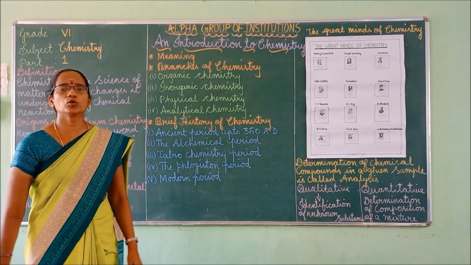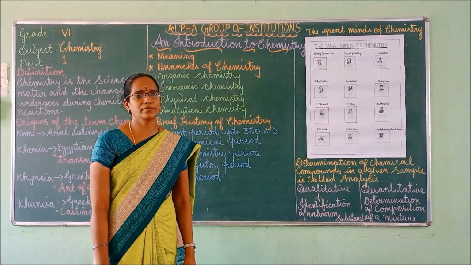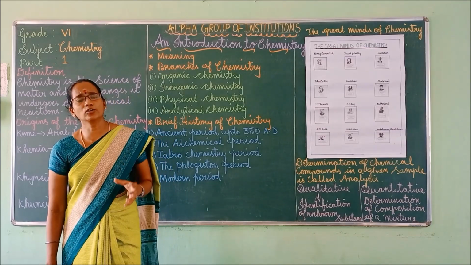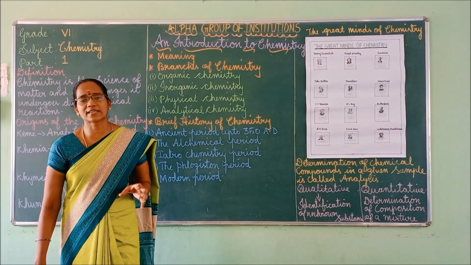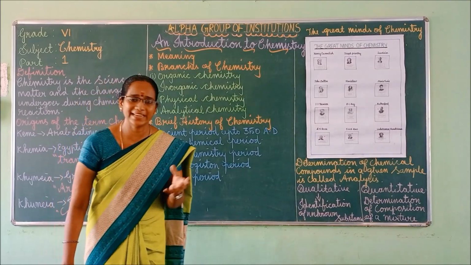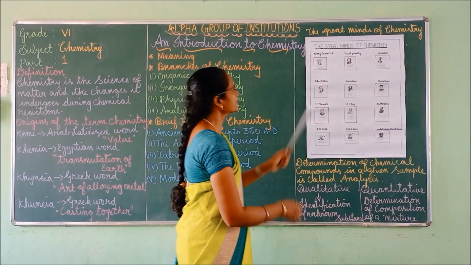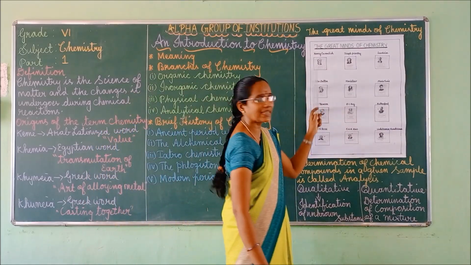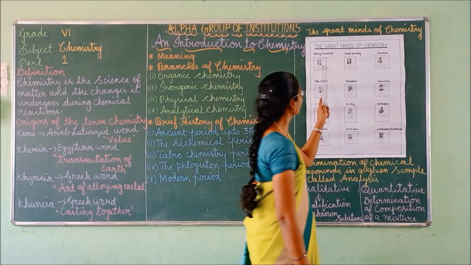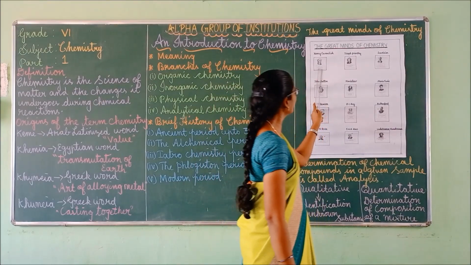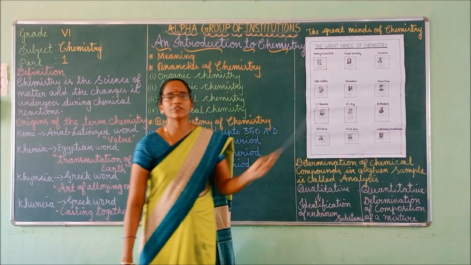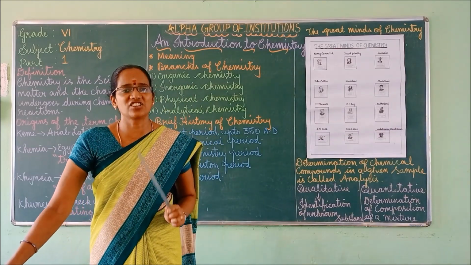Next we can move to the great minds of chemistry. Here we are going to discuss some famous scientists as well as their inventions. First, let me discuss Henry Cavendish. He was a very famous scientist, and he named hydrogen.